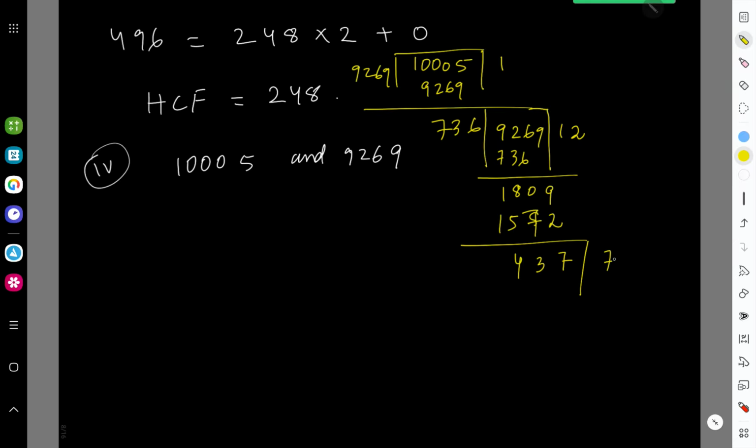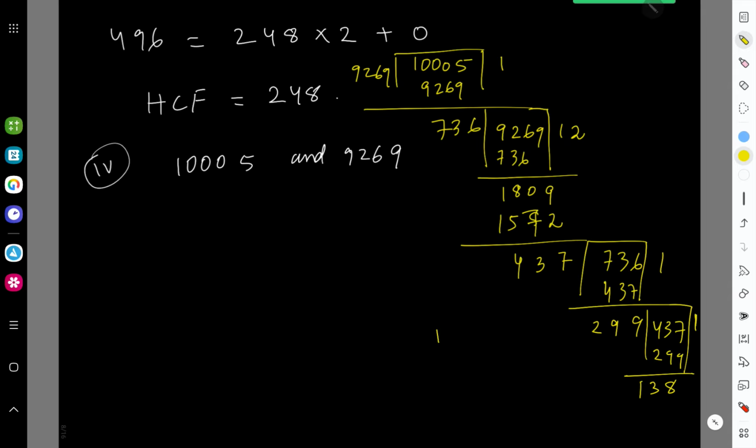Then we will consider 736 as our new dividend, and 437 times 1, 437, 992, 437, 299 times 1. I hope you can see the portion in the corner. So 299, the remainder will be 138.